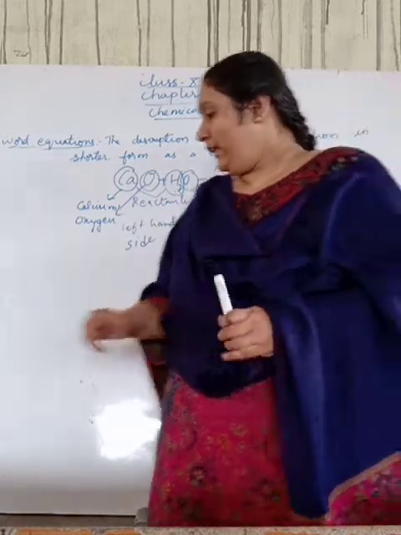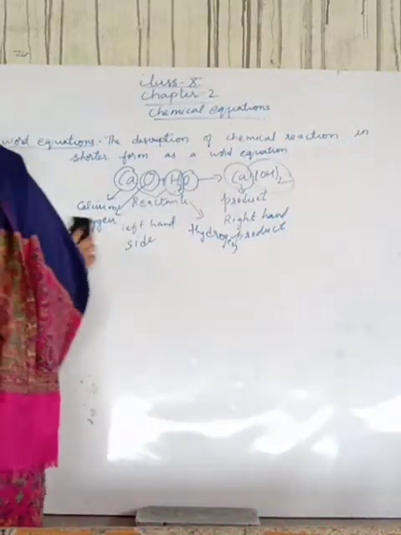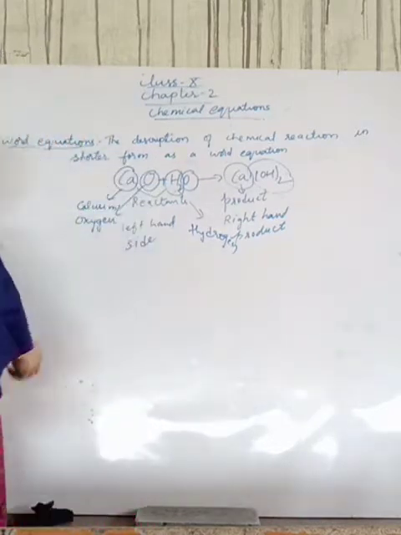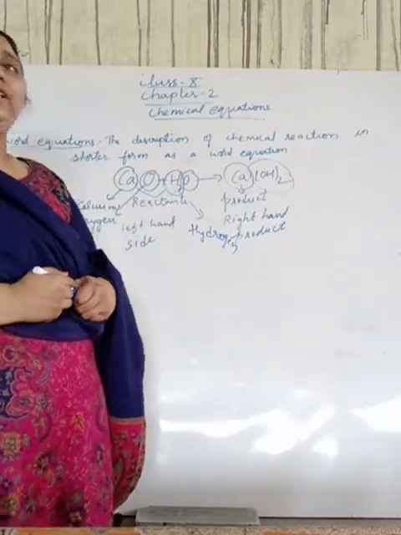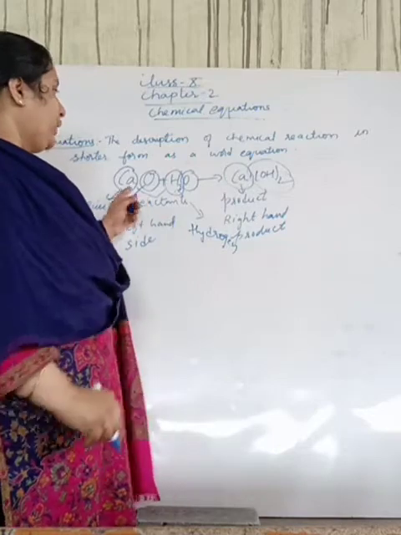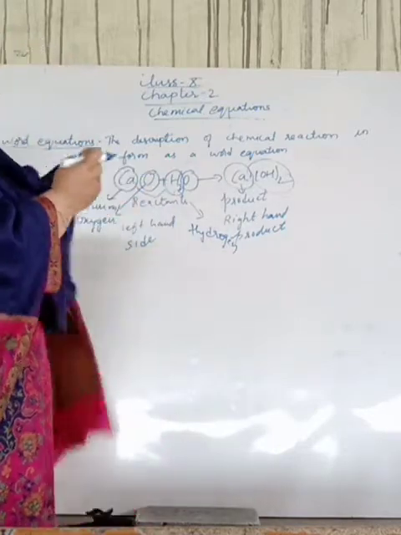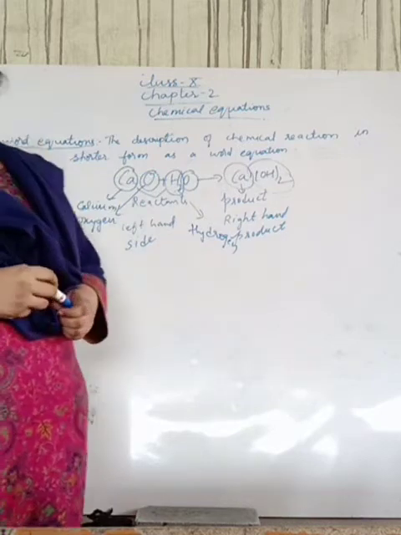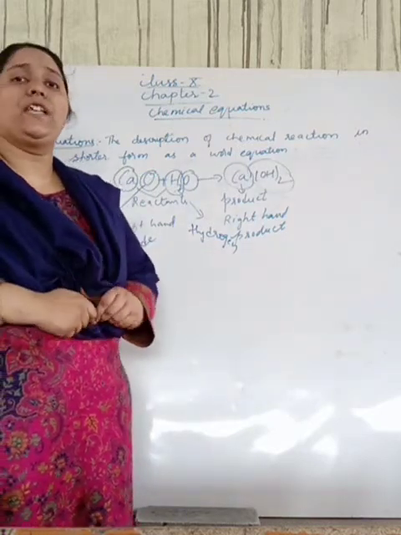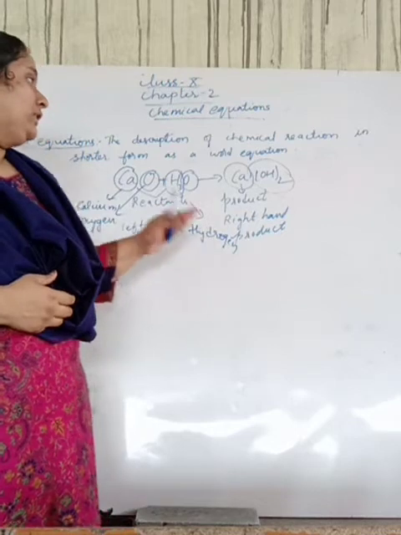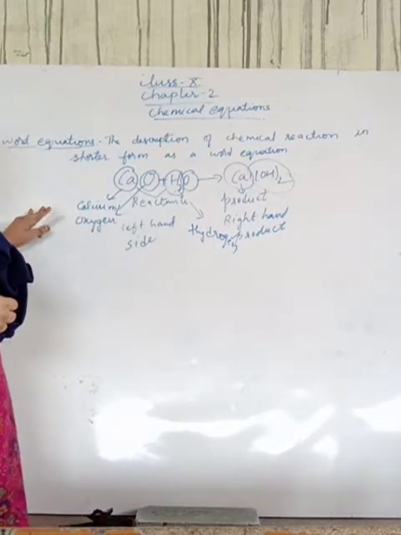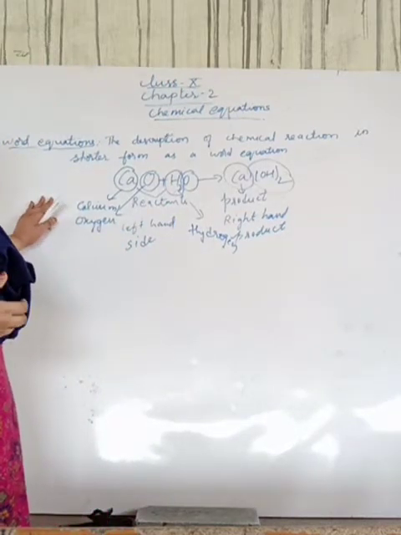Like all the activities we have seen before, isn't it? So in the first activity, what is that? Calcium oxide plus H2O gives rise to calcium hydroxide. In the second activity, I already wrote these equations in the last class also, but this is the word equation topic, so we are going to study these equations.